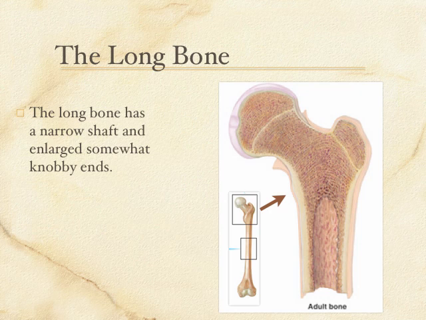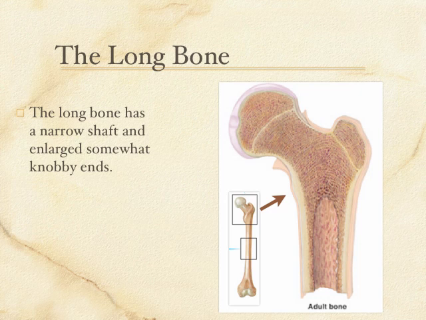Here you see the femur, and we're just looking at the proximal end of the femur. The distal end is exactly like this. We need to have a couple of new vocabulary words to talk about the long bone, because we want to distinguish between the shaft of the long bone and its knobby ends.